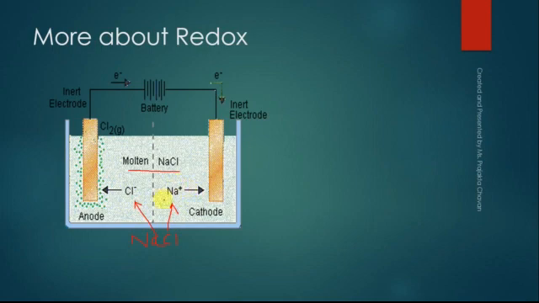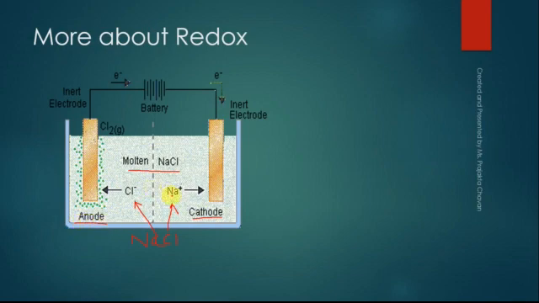And Na plus, it is a positive ion. It will get deposited at the cathode, which is the negative electrode, and Cl minus, it is a negative ion, and it will get deposited at the positive electrode, that is the anode.